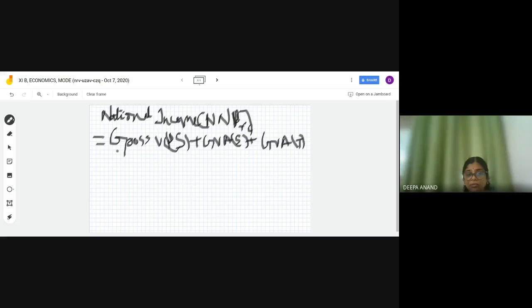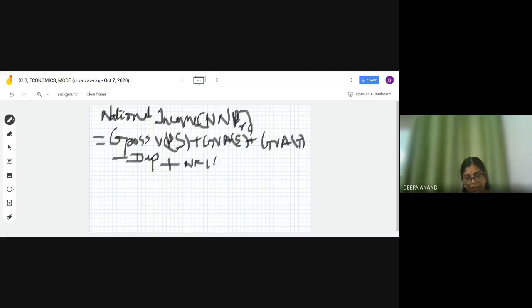Now we have to add or subtract many things to make it NNP at FC. So then you can write minus depreciation, then plus NFIA, to make it national from domestic.